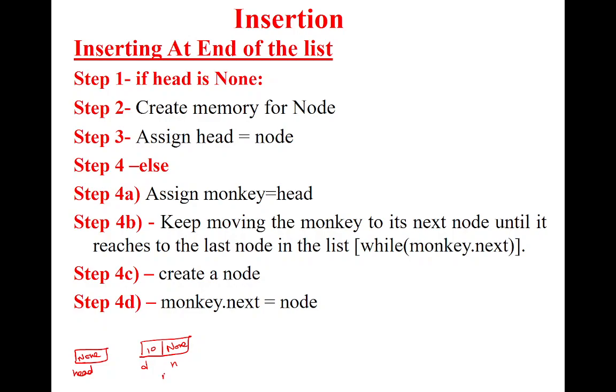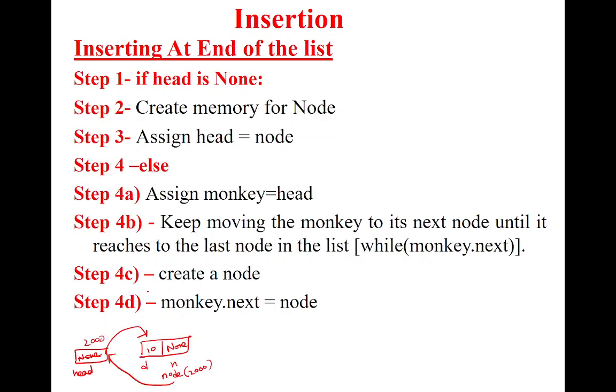Let us consider this node address is 2000. Now we assign head equal to node, so head will have 2000. So this is what we have to do in the first case. If the list is empty, just create a node and assign the newly created node as head, so that it will be created like this.